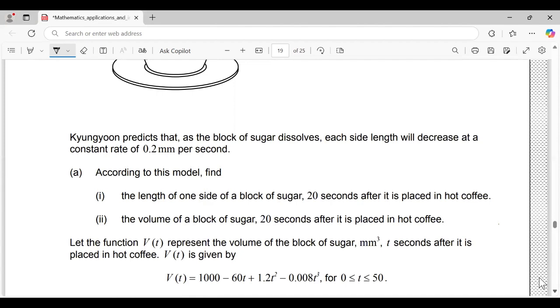Okay, so the length will be decreased after 20 seconds. So every second it decreases 0.2 millimeters. It means 20 seconds.